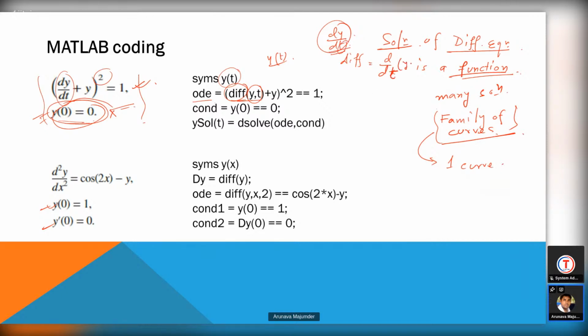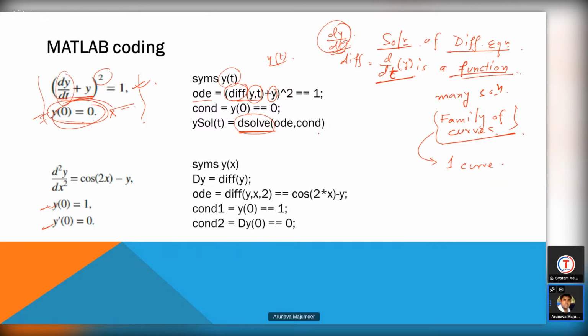So d/dt of y plus y, that is, here you can see dy/dt plus y. So diff(y(t)) plus y, whole squared, equal to 1. In MATLAB we use double equals to represent the equality. And the condition is y(0) equal to 0. Now this is the main command, dsolve.